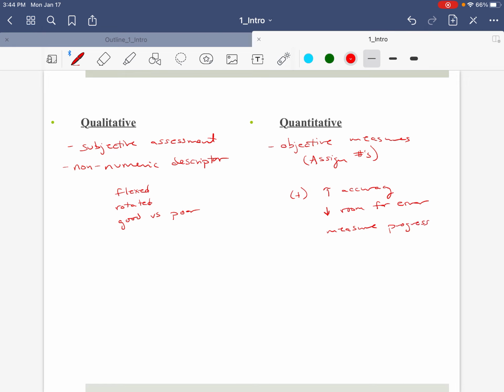But it does have limitations. Sometimes there's things that you just can't put to a number. So some of the negatives of quantitative is that it doesn't allow for, how can I say this? Doesn't allow for a full description.